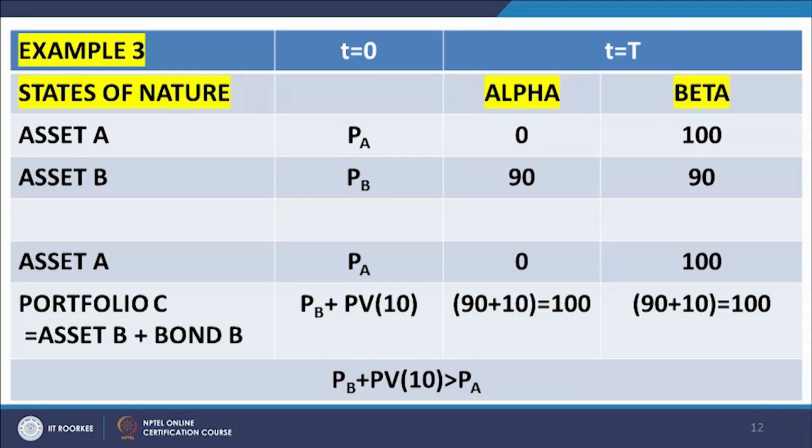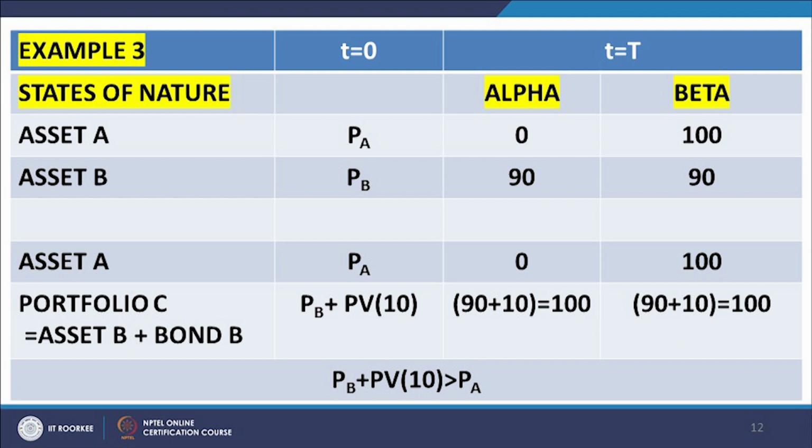The bond pays 10 if state alpha occurs, and it pays 10 if state beta occurs. Because we are adding this bond to a portfolio, we have to pay a price for that, and the price of the bond is the present value of 10 at the appropriate discount rate.